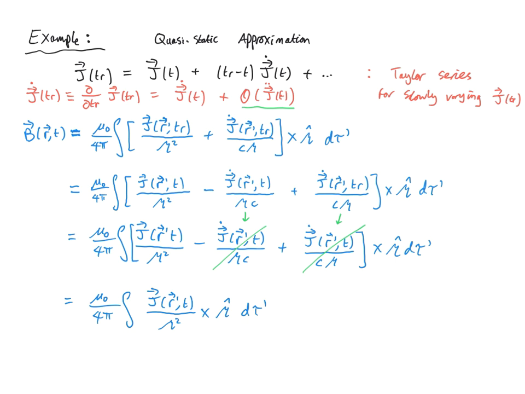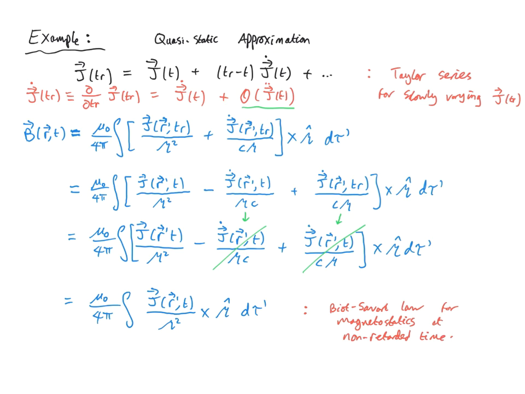So the punchline of this is that this is the Biot-Savart law for magnetostatics at the non-retarded time. So this is just the usual magnetostatics result.